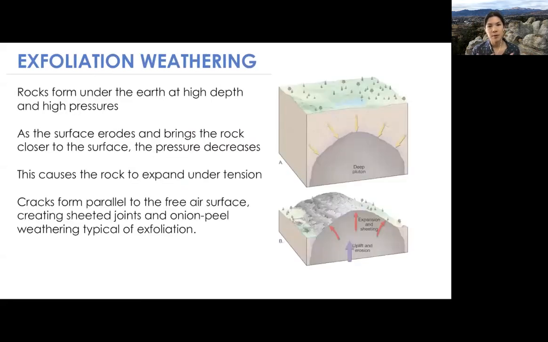So exfoliation weathering is really going to be confined to rocks that form deep under the earth at about 10 kilometers or greater depth. In this image that I'm annotating on the upper right, we have at depth this large body that used to be magma and has cooled at depth to form a granite.